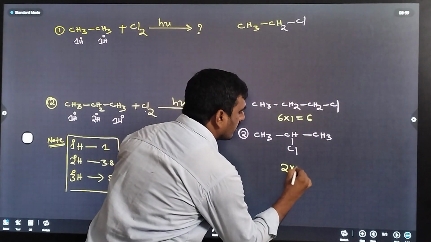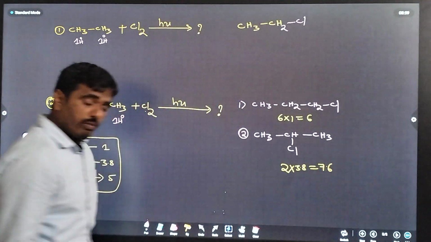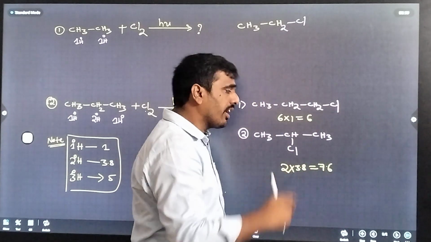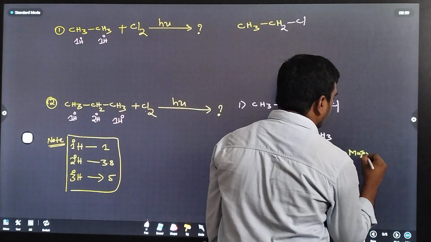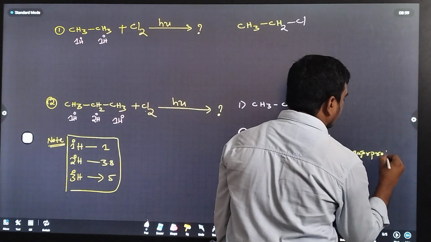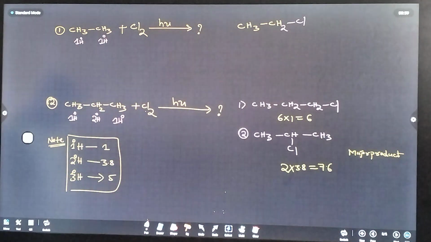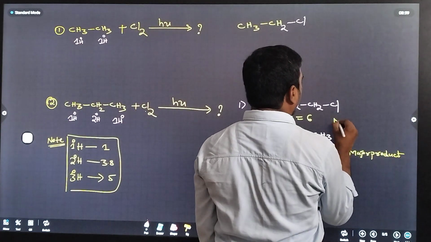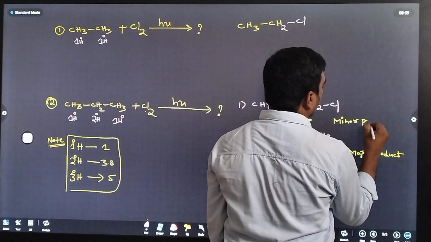The value is 3.8, so 2 into 3.8 equals 7.6. Which is the higher value? This is the higher value, that's why this is the major product. The other one has the lesser value, so this is the minor product.